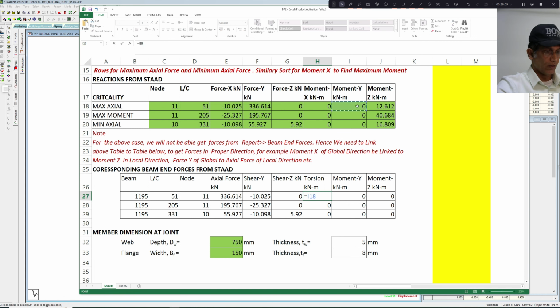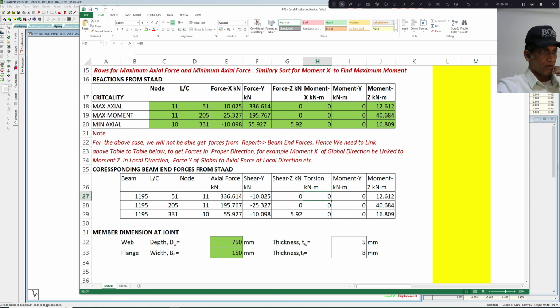Torsion should be moment Y here, and moment Z, this one, and moment Y is moment X and torsion is this.